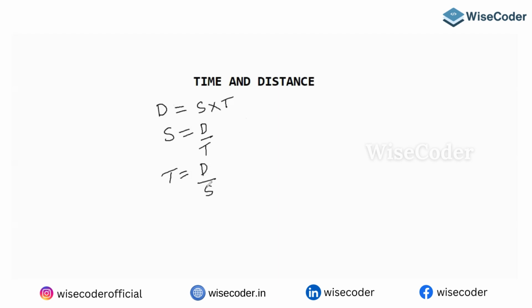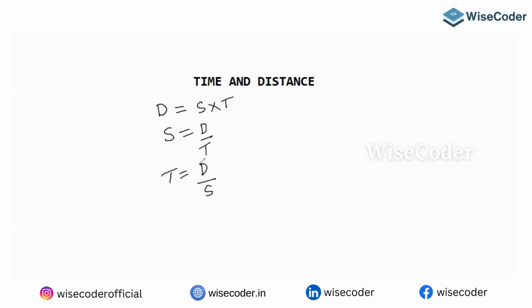Guys, if you want to be good in this particular chapter, you should be comfortable with all the formats of this. Distance is equal to speed into time, speed is equal to distance by time, time is equal to distance by speed. You are able to pick whatever you want.